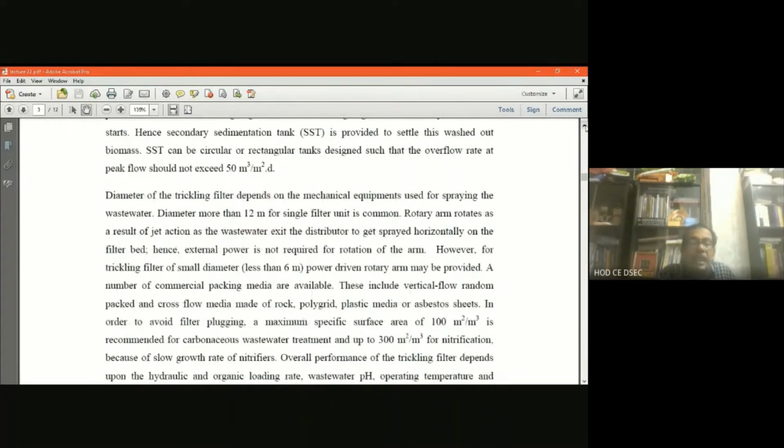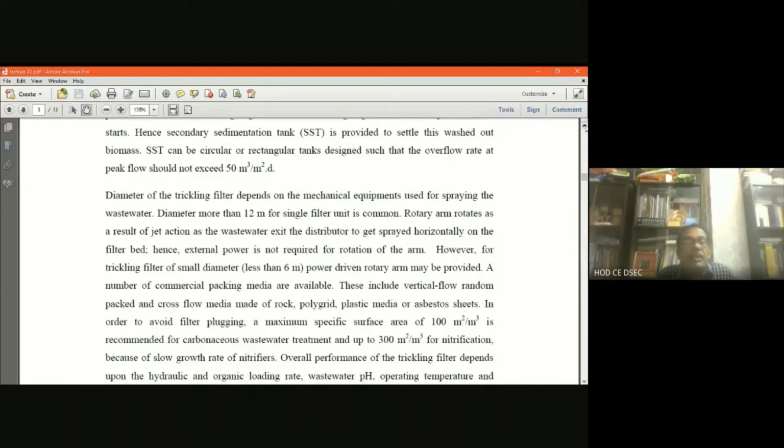Now let us see the diameter of the trickling filter, which depends on the mechanical equipment. We are using the rotary arm for trickling the water onto the surface. On this mechanical equipment the diameter of the trickling filter depends. Diameter more than 12 meter for a single filter unit is very common.